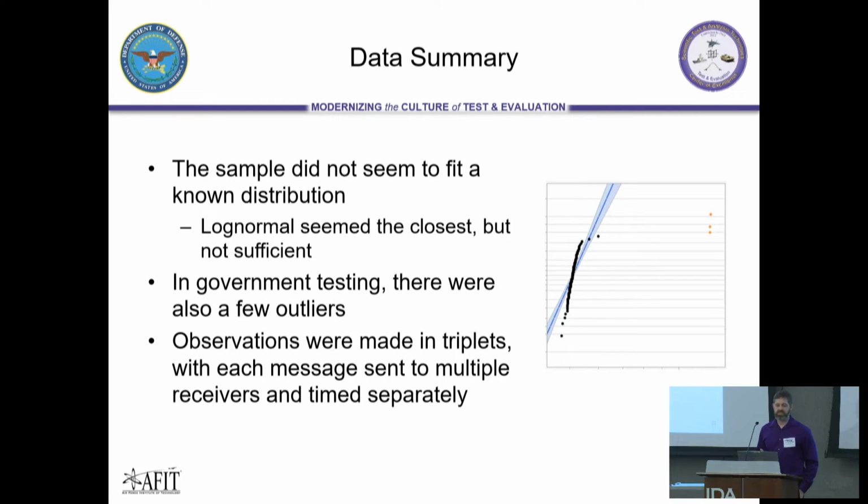We also noticed that observations had been made in triplets. They would send from one terminal to 3 terminals simultaneously and measure it separately. So it's not randomized with limited independence, but there's still maybe things we can do.